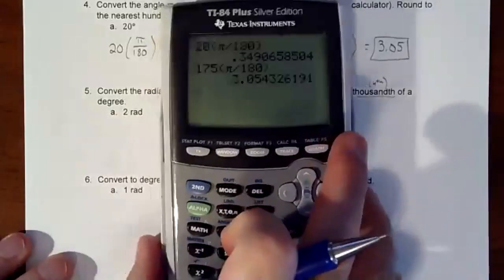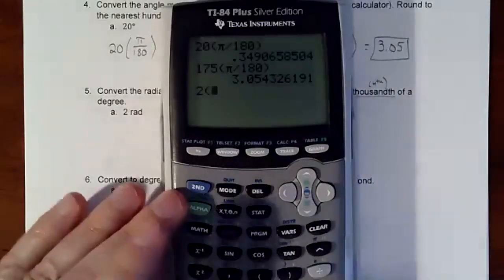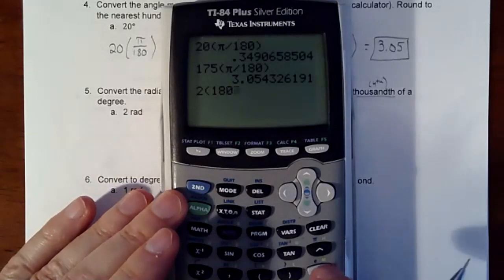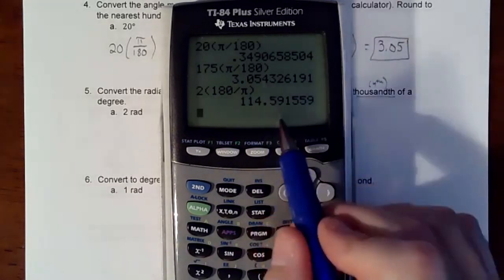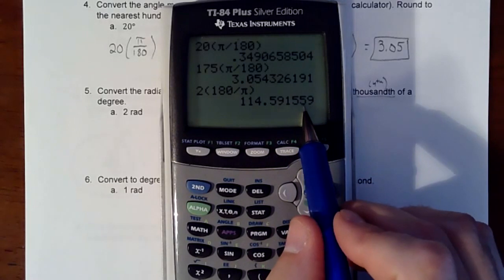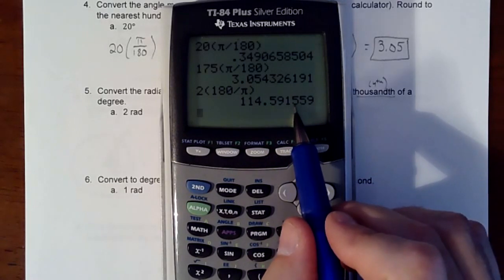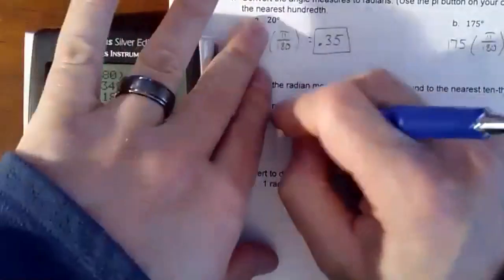Okay. So 2, we're going to multiply by 180 and divide by pi. So we want to round to the 4th decimal place. So that 5 would make that 5 a 6. Let me write down what we did.